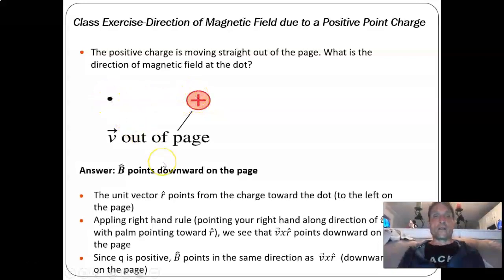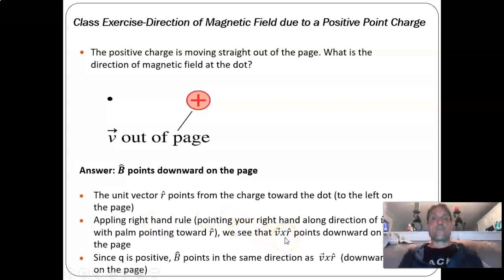Okay, so the first thing we always do is apply the right-hand rule to get V cross R. So you take your hand and you point your fingers out of the page, out of the screen toward you, with the palm toward the point of evaluation R. So fingers pointing out of the page, palm pointing to the left, and that gives V cross R pointing downward in the page.